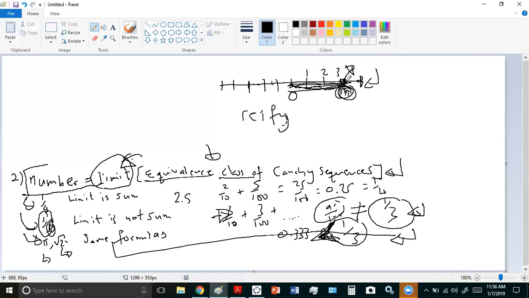So this point pi here doesn't exist, right? There is no point pi, because you need two things to reify a point. You need to be able to construct, not physically necessarily, the magnitude and also a number that corresponds to the measure of that magnitude, okay? So there is no unit that measures pi or square root 2, for example.